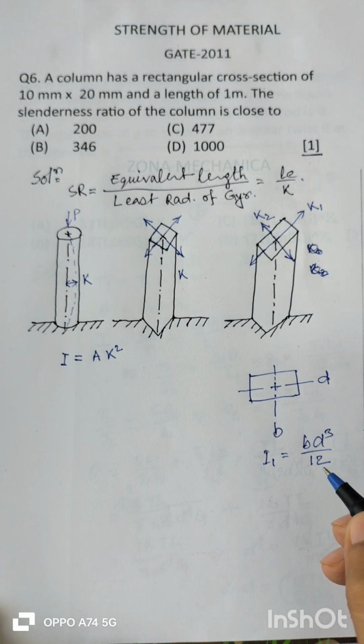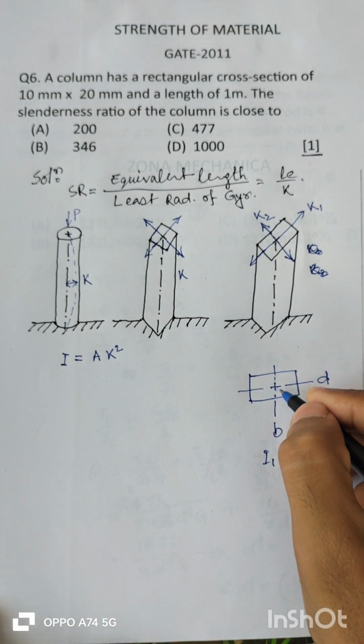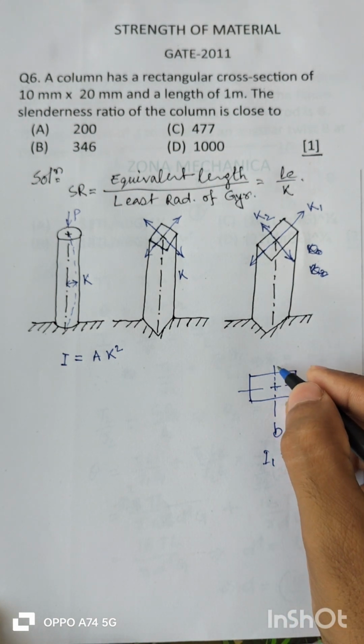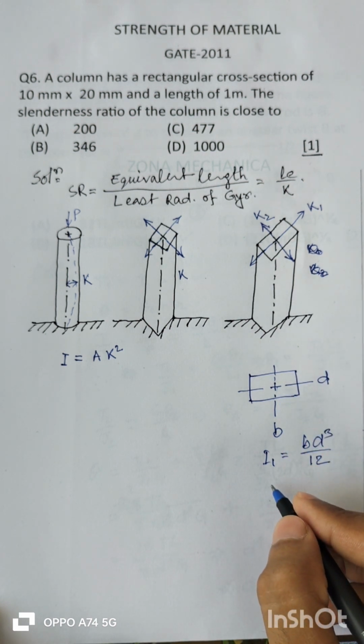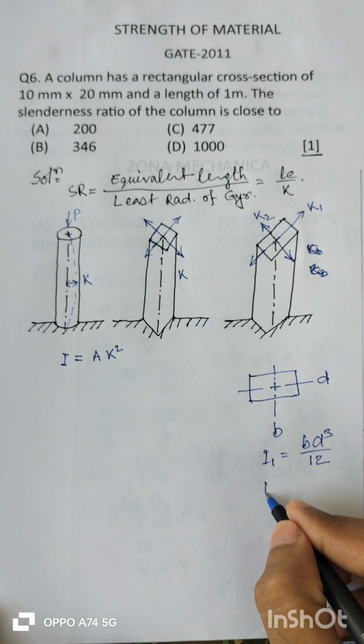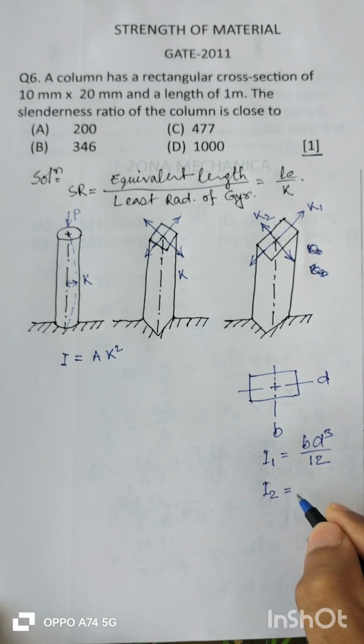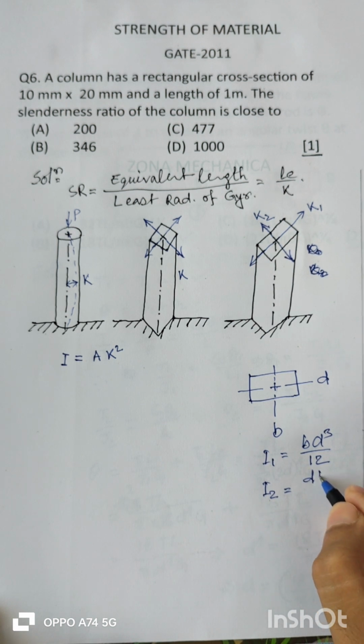And if we consider the moment of inertia while the column buckles in shorter side or minor axis side, in that case moment of inertia I2 will be d B cube by 12.